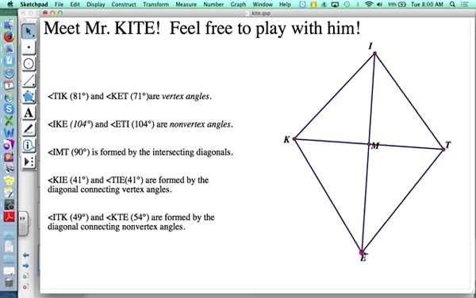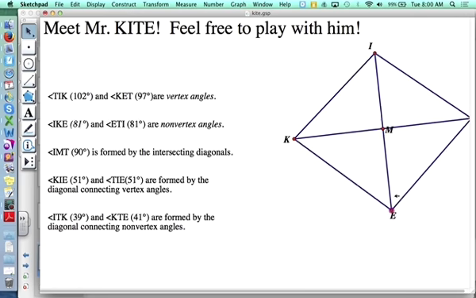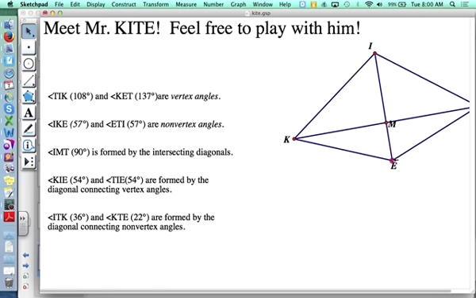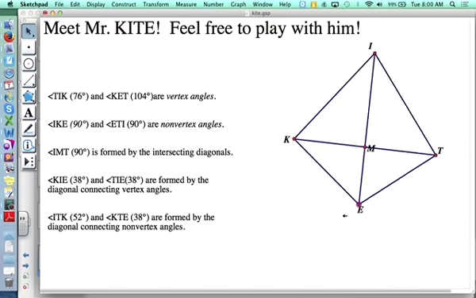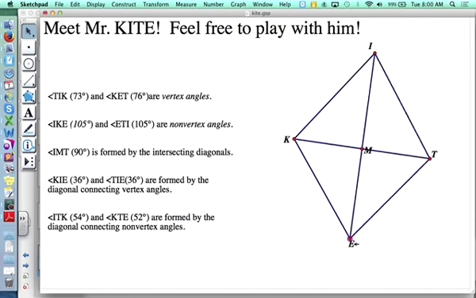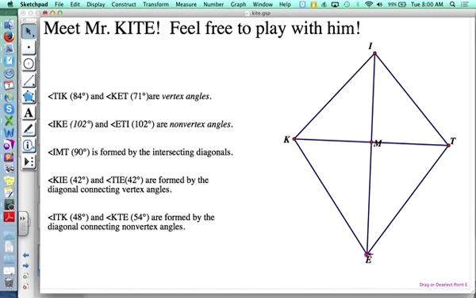Are they congruent? Do I notice anything about the vertex angles? Look at them again. They are not supplementary. How about the non-vertex angles? Are they always congruent, or did I just happen to land? Nope. The non-vertex angles are congruent.